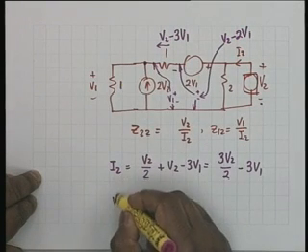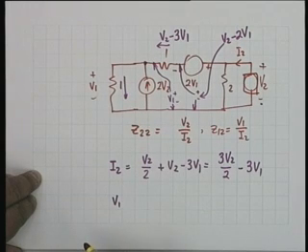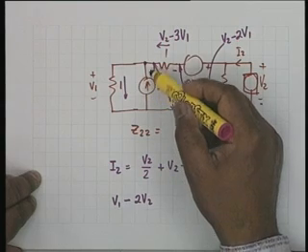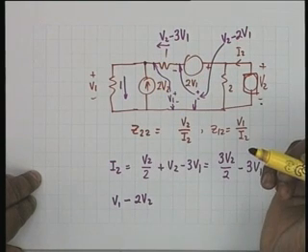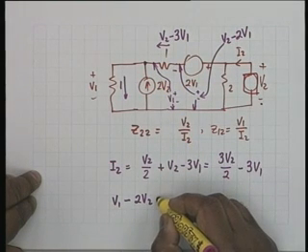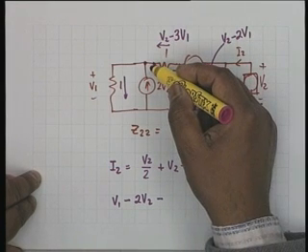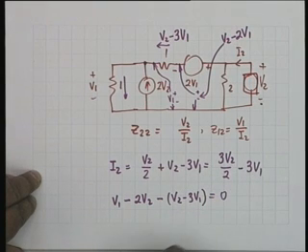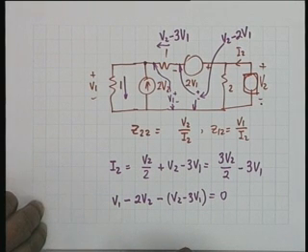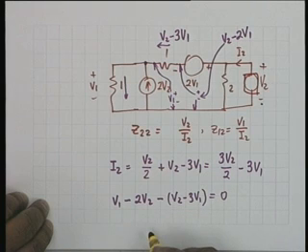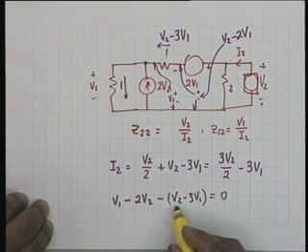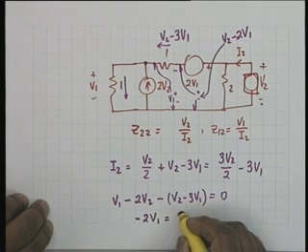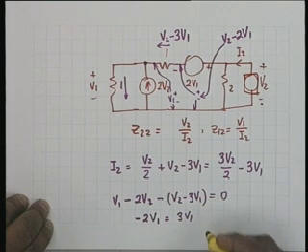The current through this branch is V1 by 1, then minus 2V2 because it goes up, and minus this current comes in, minus V2 minus 3V1, this must be equal to 0, which says that minus 2V1 equal to 3V2. No, I have made a mistake.